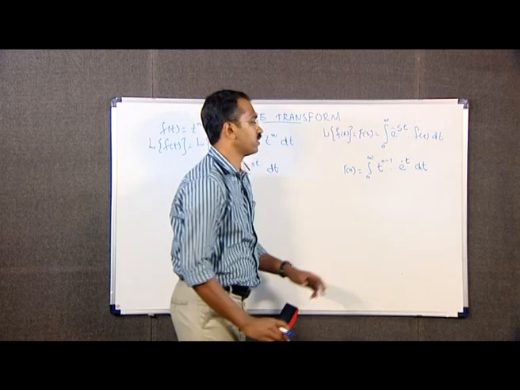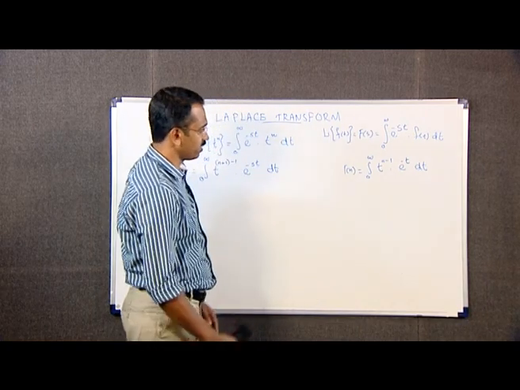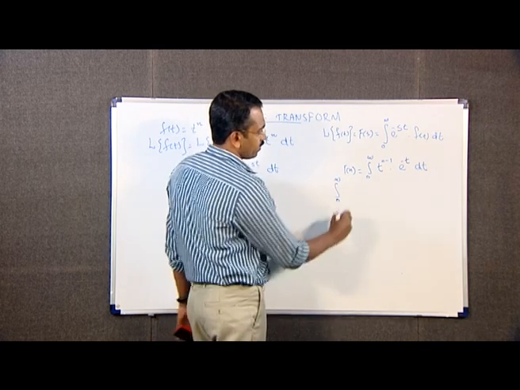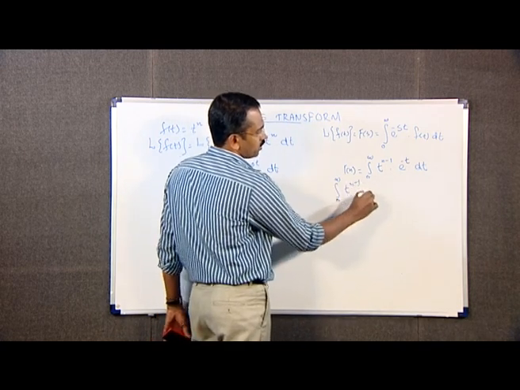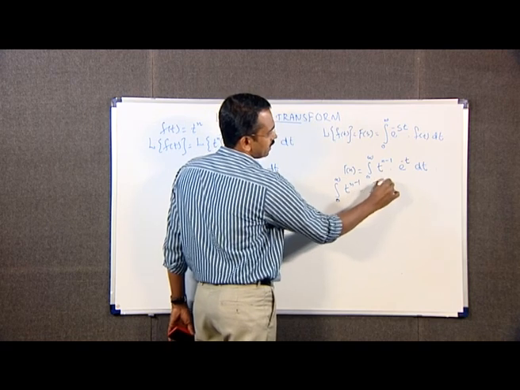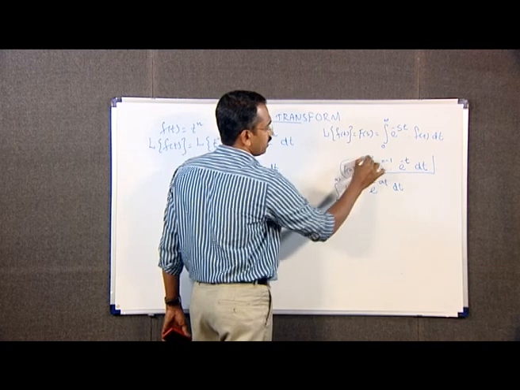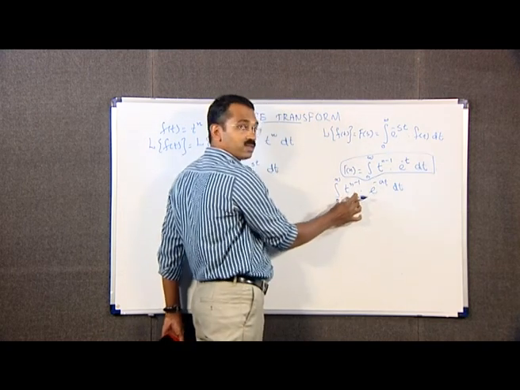This is the definition of gamma n. Consider this integral from 0 to infinity t raised to n minus 1 into e raised to minus at dt. This is similar to the gamma function. Now we consider this integral.